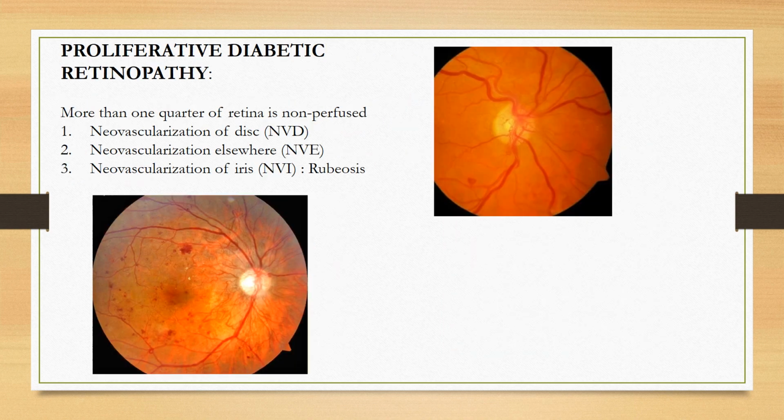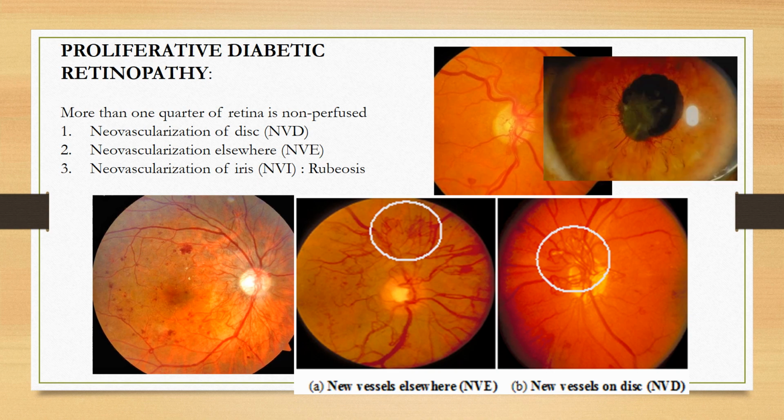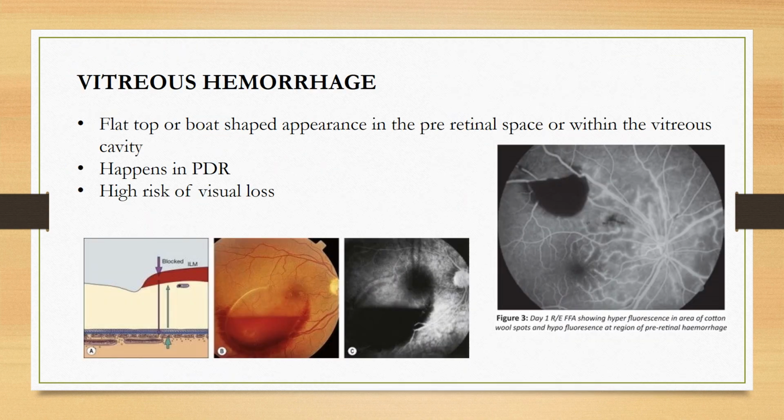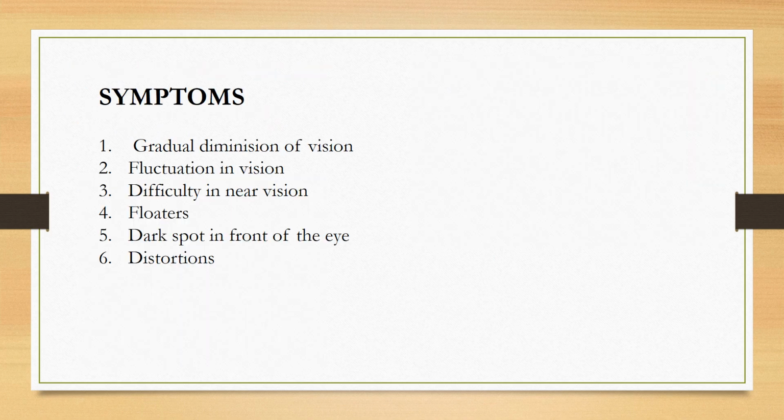Then we saw proliferative diabetic retinopathy, how it is graded based on neovascularization at different locations of the retina. Then vitreous hemorrhage, how it affects vision and how it develops, and what it might lead to, which is retinal detachment.